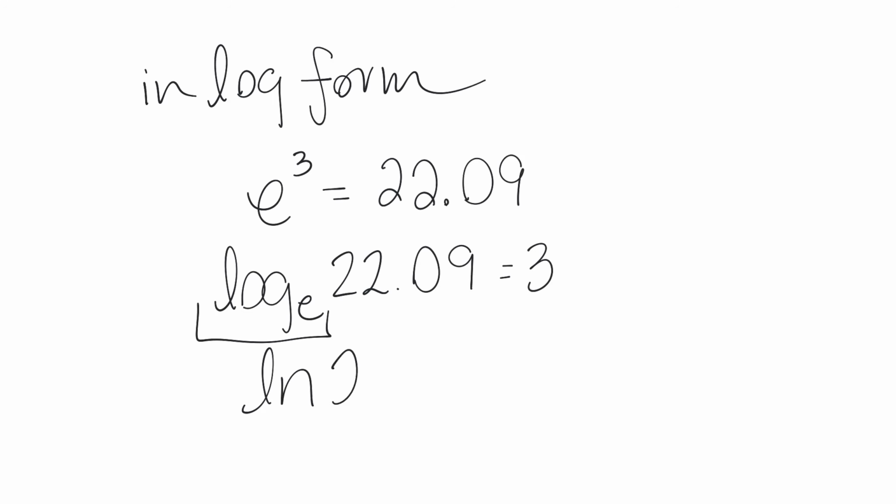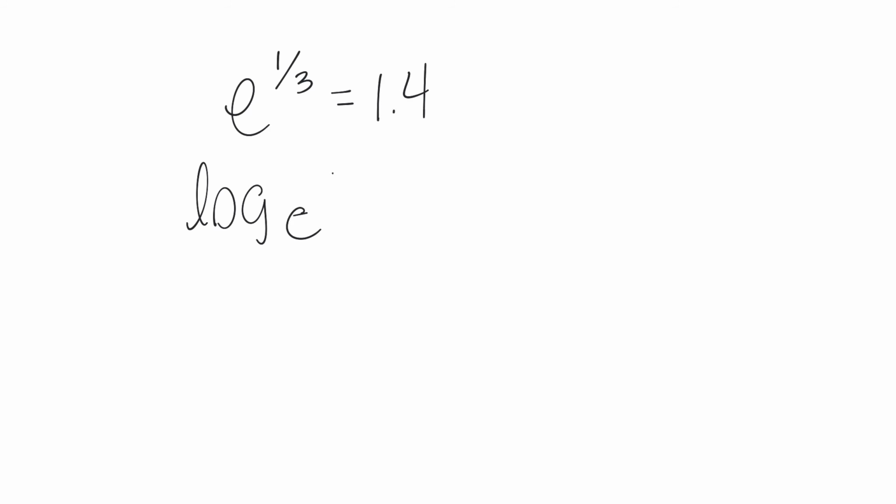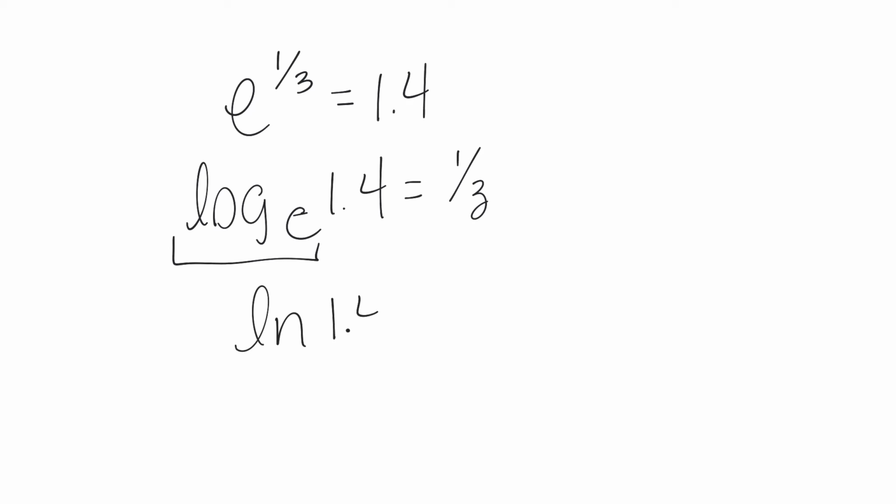That's the natural log of 22.09 equals 3. Okay, one last example. What if you have e to the 1/3 equals 1.4? Then you want to put that in log form. Log base e of 1.4 equals 1/3. Remember, rewrite your log base e as the natural log of 1.4 equals 1/3.